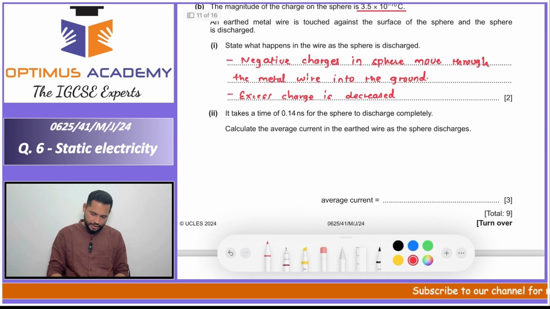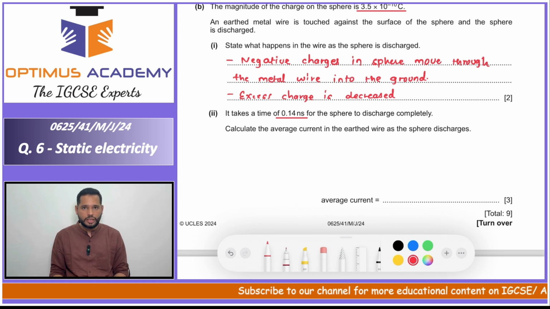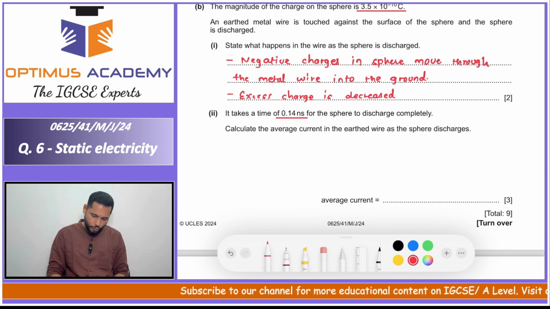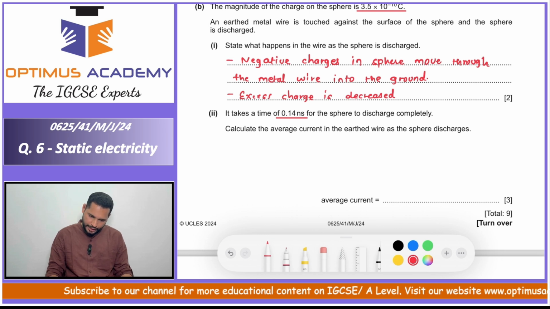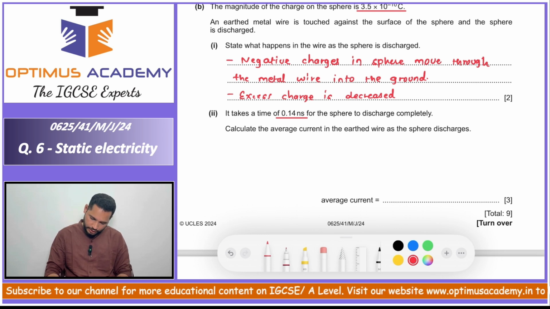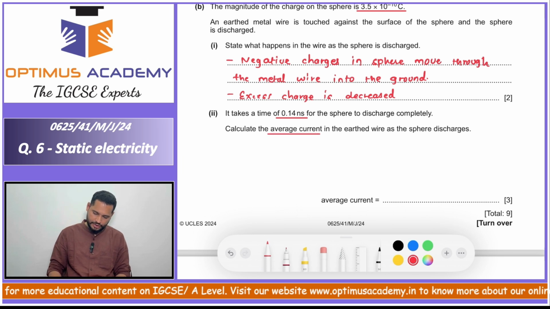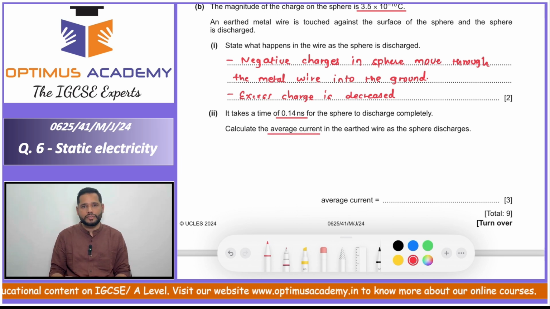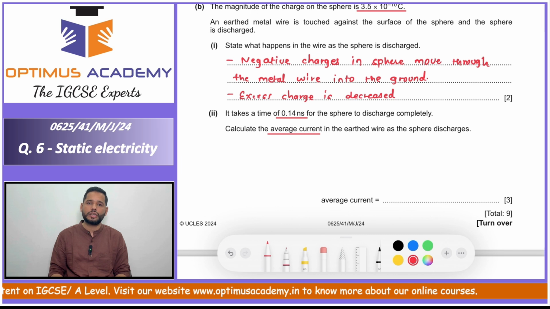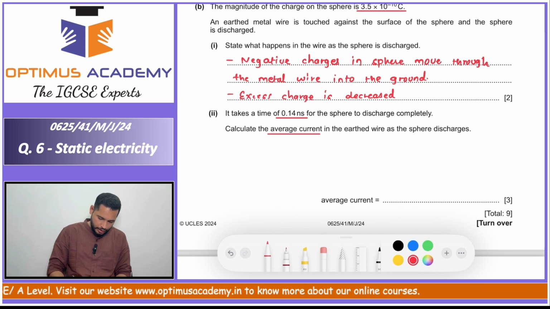The next thing they have said is it takes time 0.14 nanoseconds. Please note that the small n over here is nano. So 0.14 nanoseconds for the sphere to discharge completely. Calculate the average current in the earthed wire as the sphere discharges. So we are given with time, we are given with charge, we have to find out the current. Formula for current will be equal to charge divided by time.